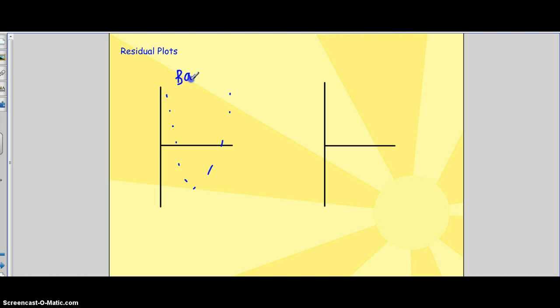Okay, because it forms a pattern, it looks like a U. We don't want it to look like that. Instead, you want it to be kind of scattered, okay, and no real pattern to it. This over here would be a good residual plot. So in the question on page 40, it says determine if the equation is a good fit. You would say, based on the residuals, it is not, since the residual plot forms a pattern.